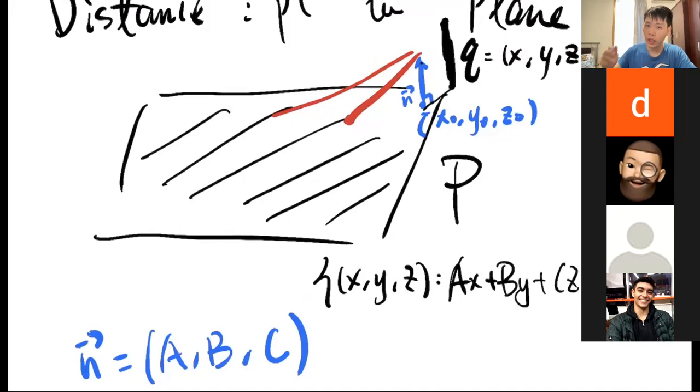Let's say this is the vector joining x0, y0, z0 to the point Q. The distance is precisely the orthogonal projection onto the vector n.